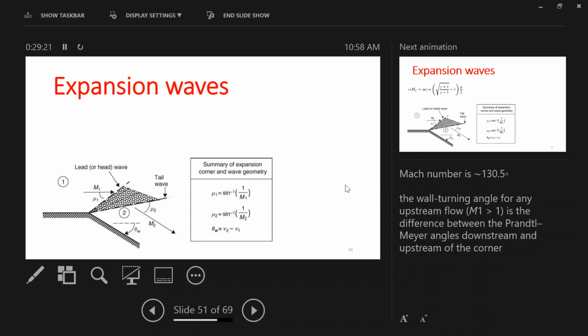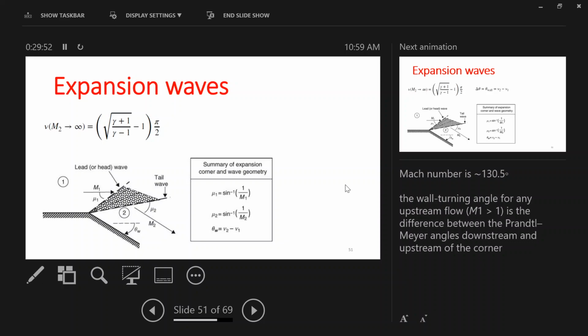So my point is that the wall angle is always related to the Prandtl-Meyer angle you calculate. It doesn't really matter what your downstream condition is. It can be related to the subtraction of the two Prandtl-Meyer angles, or it can be just the Prandtl-Meyer angle downstream of the expansion wave, right?